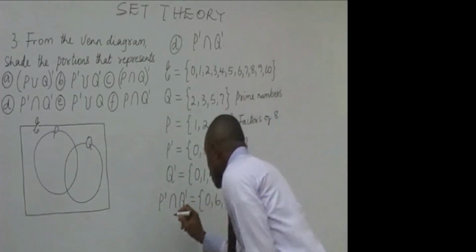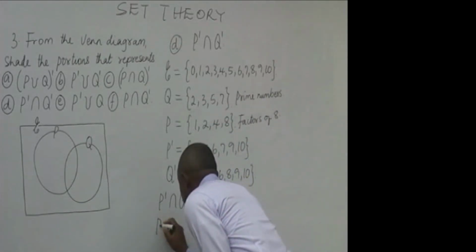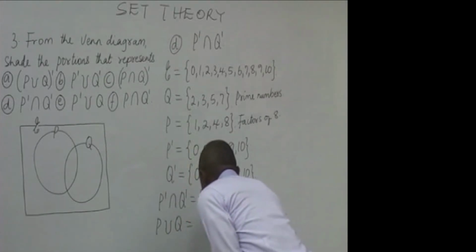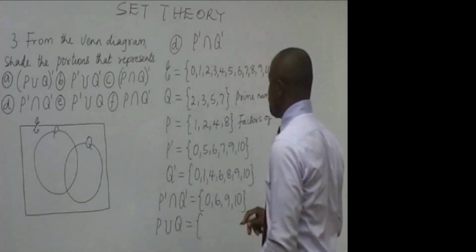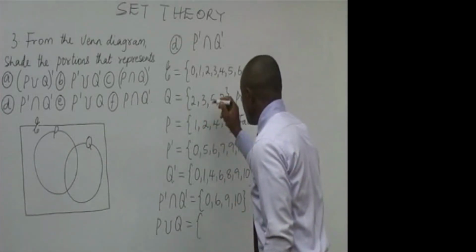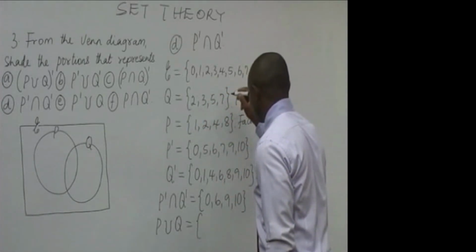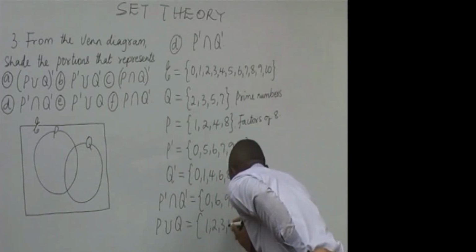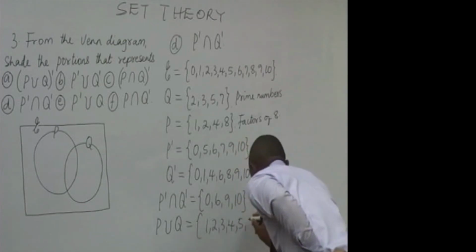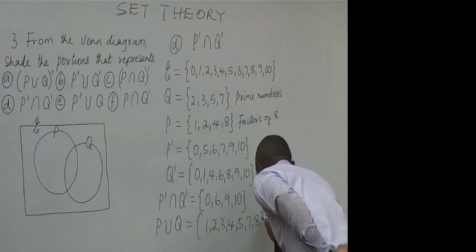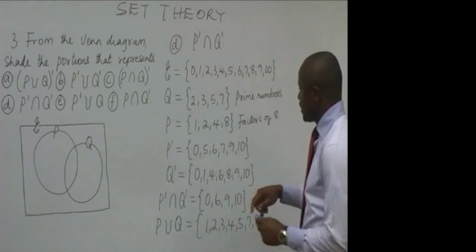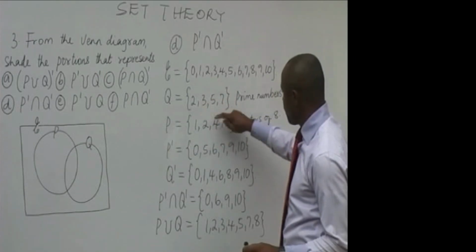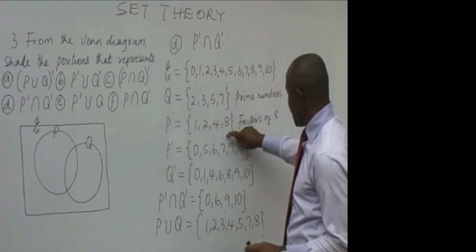So if we look for P union Q, let's find the members. Members of P union Q are 1, 2, 3, 4, 5, 7, 8. Let's confirm it. 1, 2, 3, 4, 5, 7, 8. We are correct.